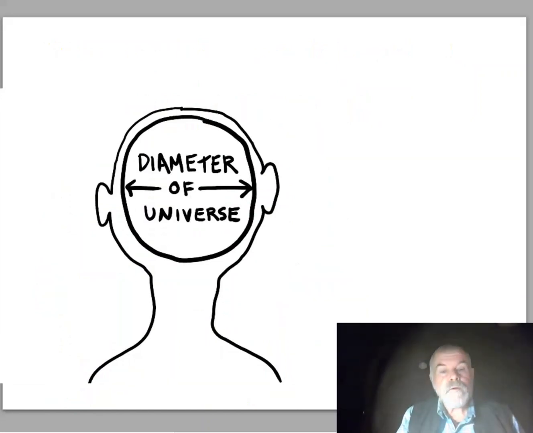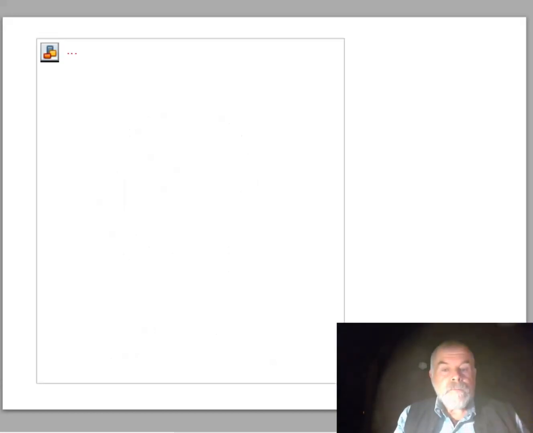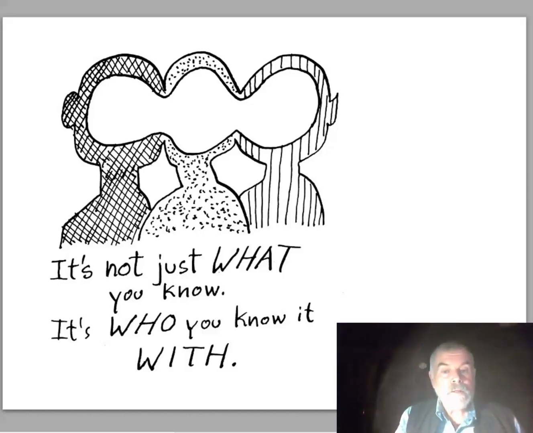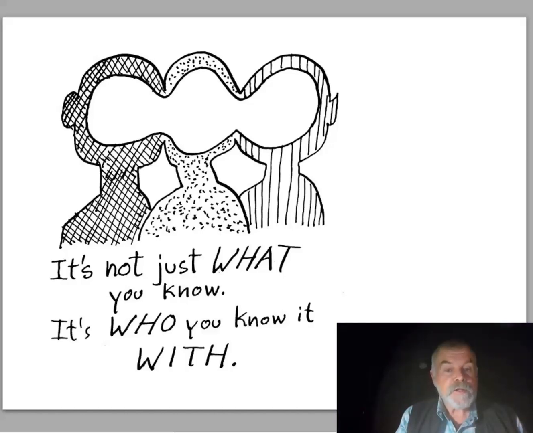If we don't share, if we don't engage in this kind of shared intelligence, we're locked into our own limited knowledge. And it's not just what you know, it's who you know it with. That's the whole idea of a shared intelligence participatory learning.